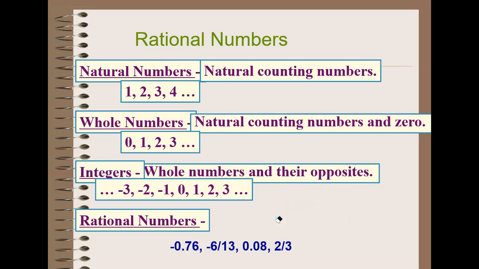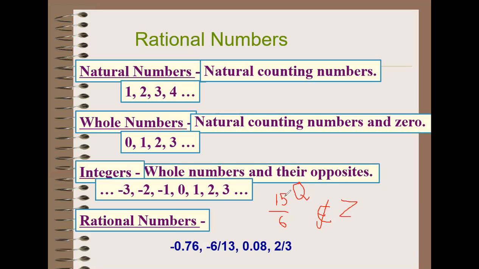The second case, please tell me if the rational number can be integer. 15 over 6. How will we classify? This one is rational, but it doesn't belong to integer. Why?